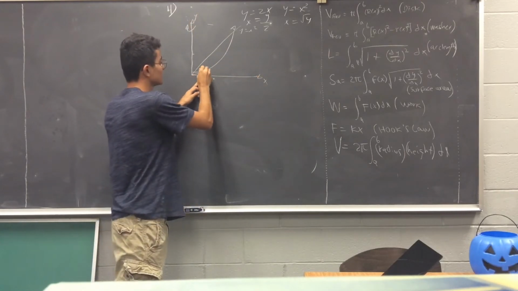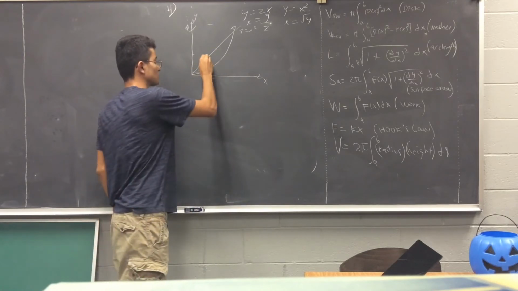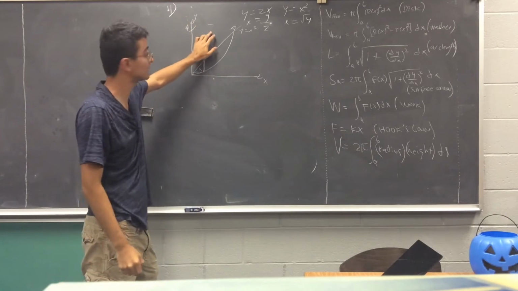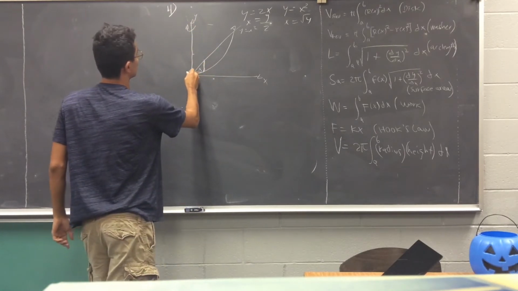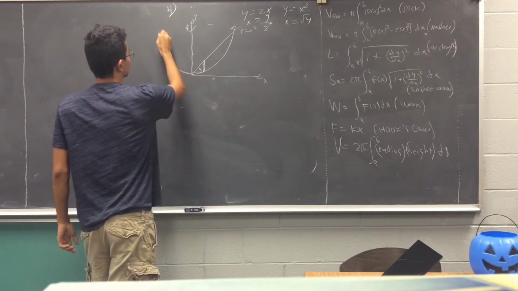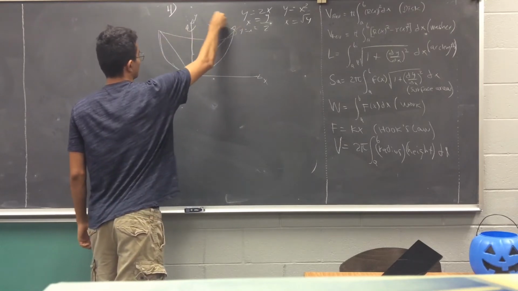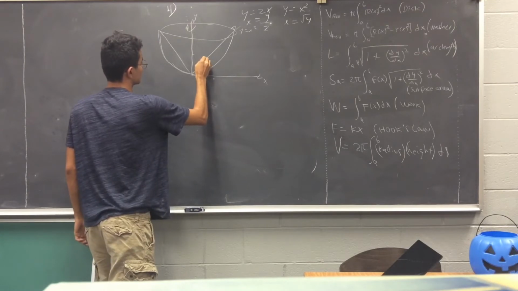Now the height is going to be the difference between the top curve and the bottom curve. So it's going to be this over here. It's not going to be up to the function. So I was wrong about that, but it's going to be like that. So we kind of draw the resulting rotation. It's going to look something like that, and then we're going to have something like that. Now the shell is going to look like this.